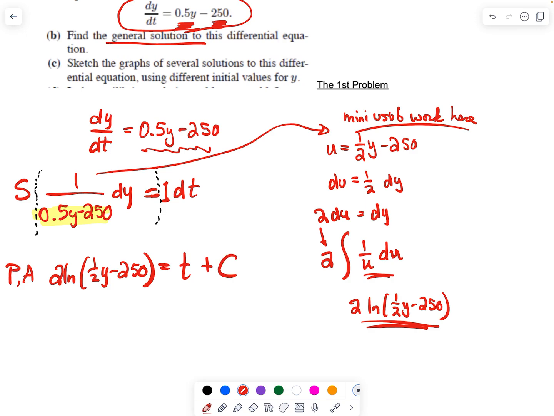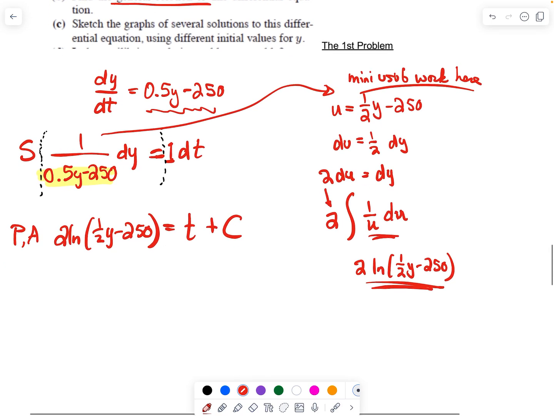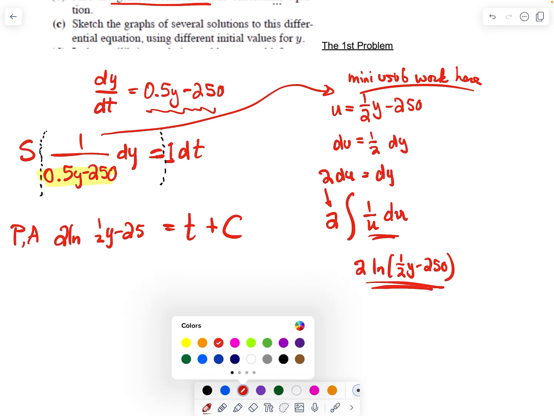I'm going to take the c's and gather them over on the right. Okay, I'm going to change this. This is supposed to be an absolute value. I'll tell you why we can take them out in a moment.